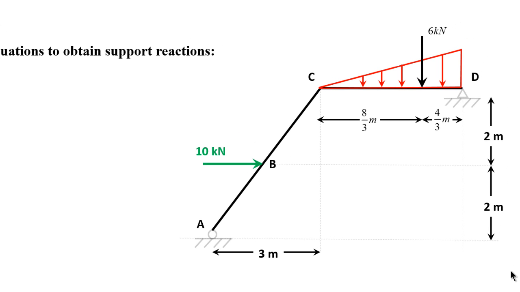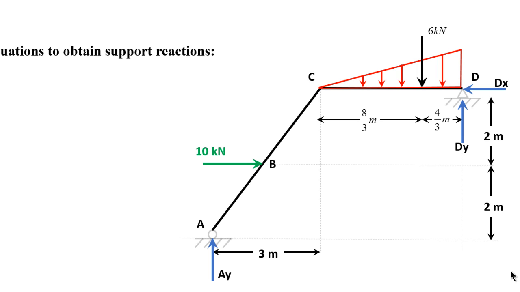First, we need to define the reactions. So at A, we have AY pointing upwards, we have DY at D pointing upwards, and we have DX pointing to the left. The reason I chose DX to be pointing to the left is I'm expecting it to be this way because I have 10 kilonewtons pointing to the right, so this support should resist the 10 kilonewtons.